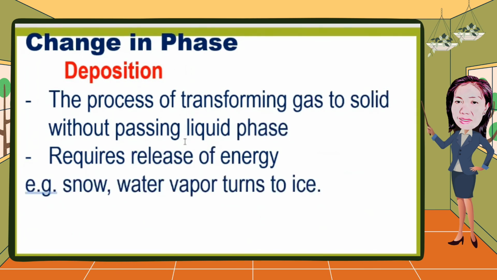Another phase change is deposition. Okay, this is a process of transforming gas to solid without passing through a liquid phase. This transformation requires a release of energy. An example of this is snow, or when water vapor turns into ice.